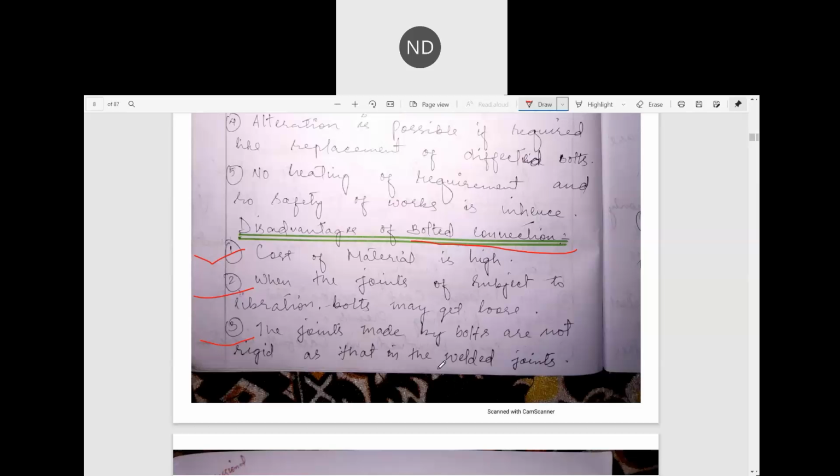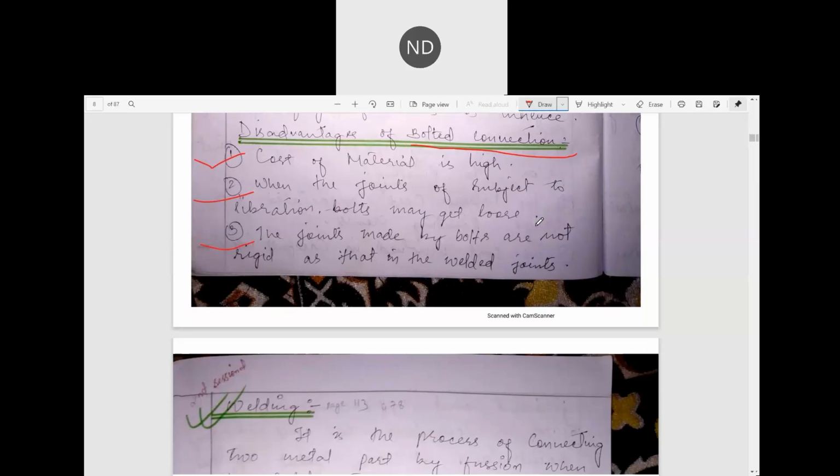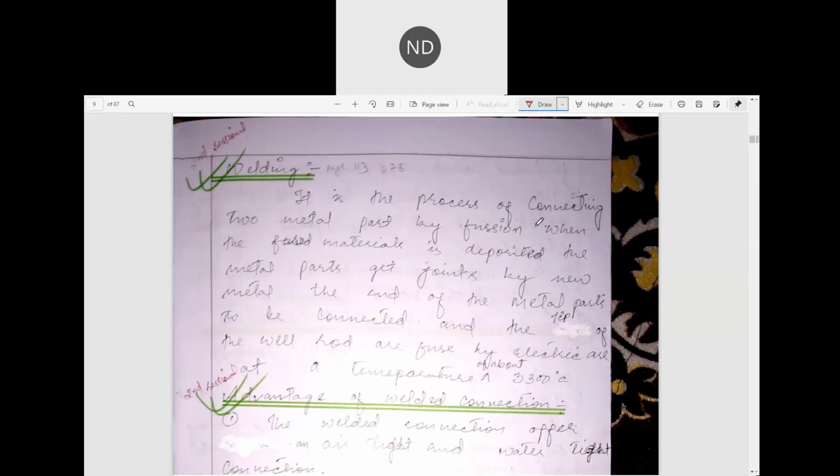But in a welded connection, since it is rigidly jointed with the help of the welds, there is no chance of loosening until and unless the weld is broken. So this is one disadvantage of your bolted connection. Now coming to the last connection, which is your welding.